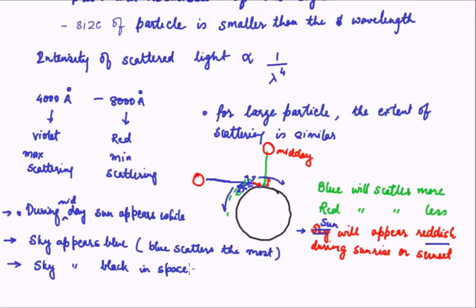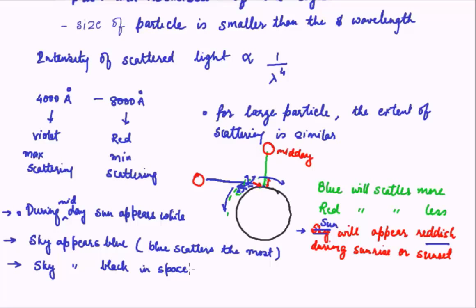Okay, so this is also the result that the sky appears black in space, or in general in absence of an atmosphere.